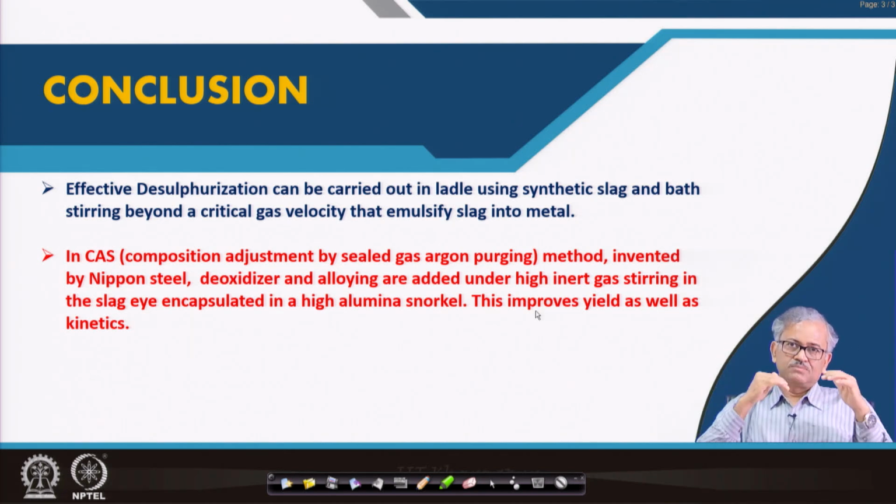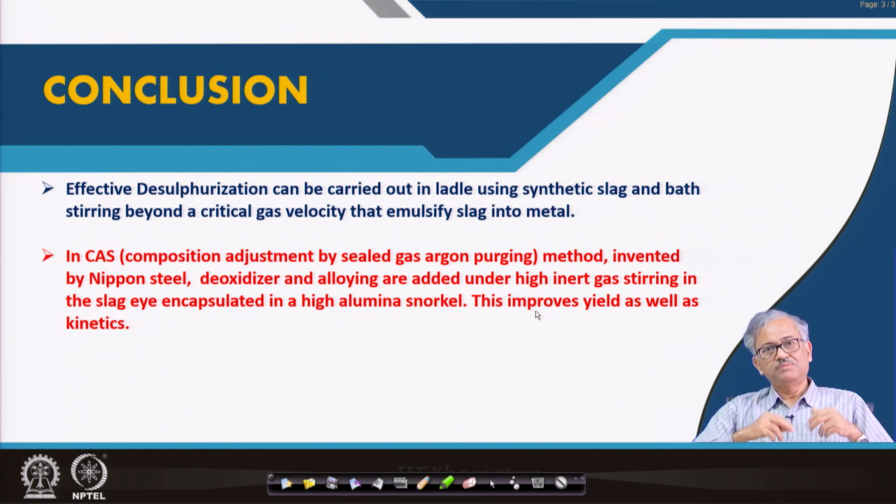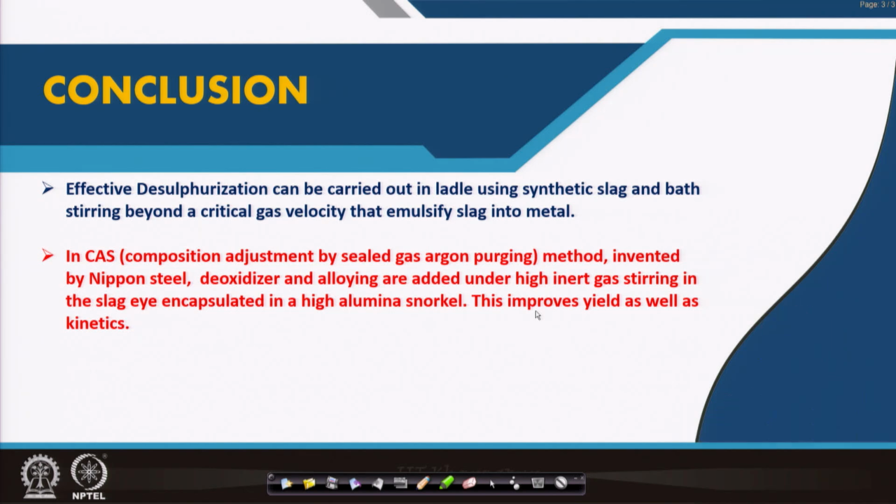All the additions are made through the snorkel without any interaction with slag and atmosphere, at the same time at very intense stirring. That increases the melting efficiency and the yield of deoxidizer as well as the alloying elements.